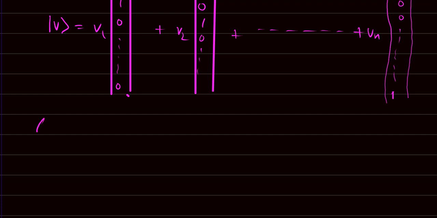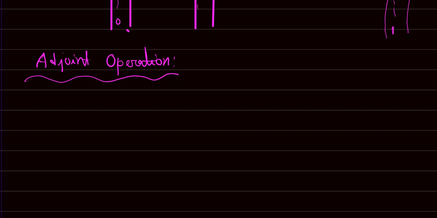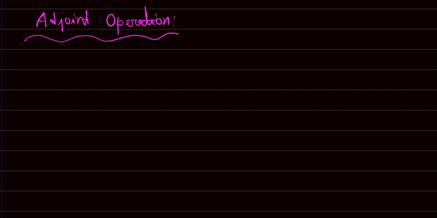So our next topic is the adjoint operation. Our vectors can be written like this.